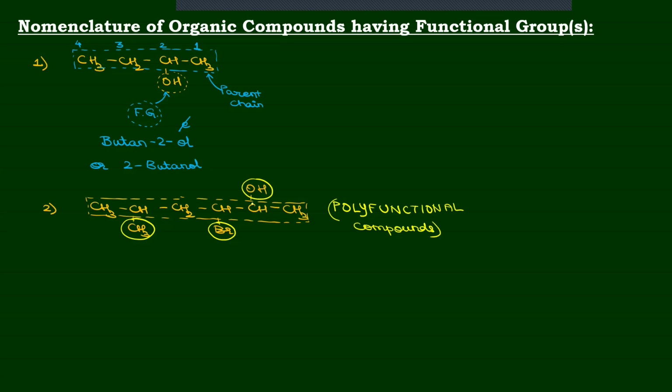Out of the multiple functional groups present, which is the main functional group. And to decide the main functional group, we identify the priority order of functional groups. This priority order is determined by IUPAC, and this order is important to be remembered.